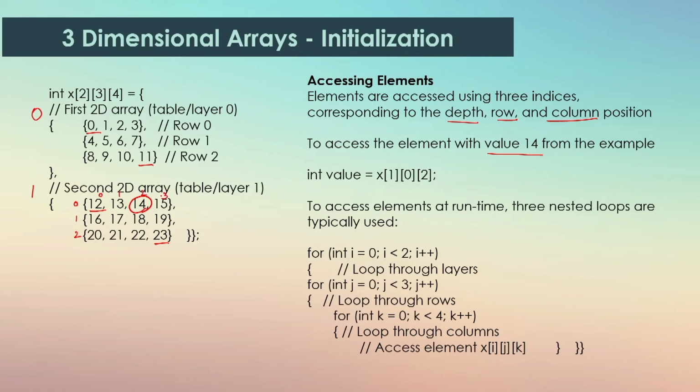So, when I want to represent the value 14, my table index, or depth index, will be 1, my row index will be 0 because it exists in the 0th row, and my column index would be 2 because it exists in the second column, 0, 1, 2, 3.